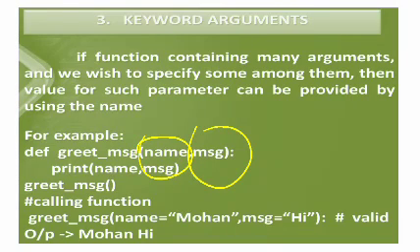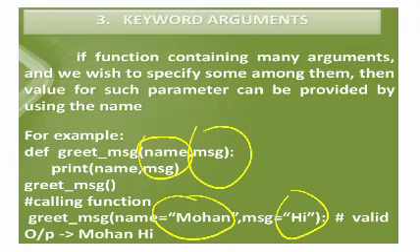Here we define greet_msg with name as the first argument and msg as the second, and print both values, name and msg. Here we call the function with name, then pass the value Mohan and pass msg with the value hi, then the output will be Mohan hi. That is a valid call.